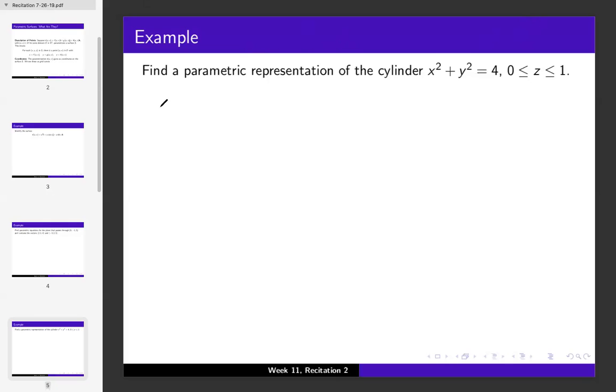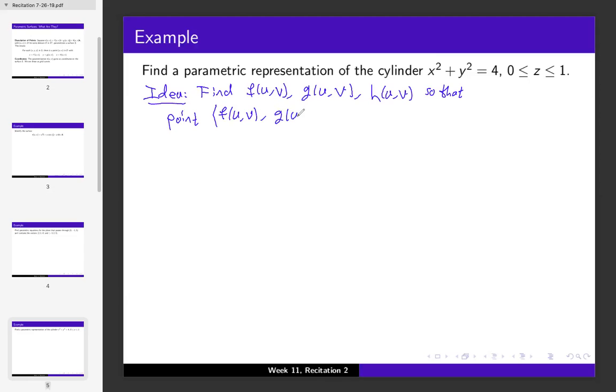Again, what we want to keep in mind here is that the idea is to find functions f(u,v), g(u,v), and h(u,v) so that the point (f(u,v), g(u,v), h(u,v)) is always on the surface.